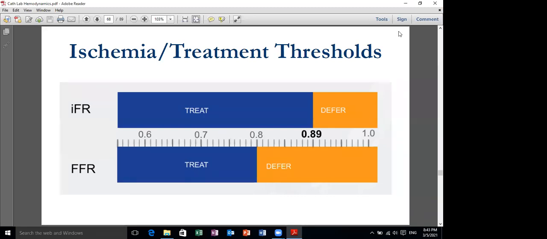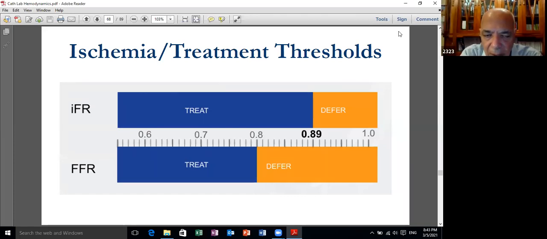Okay, next question: can FFR be used in left main lesions? To use it in a left main lesion, you have to measure the LAD and circumflex at the same time. If you have a lesion in the LAD, then it means that the territory's flow is compromised because the LAD is blocked, whether completely or partly. So this area determines how much blood flow occurs, and you no longer have a good relation between the pressure and the volume.